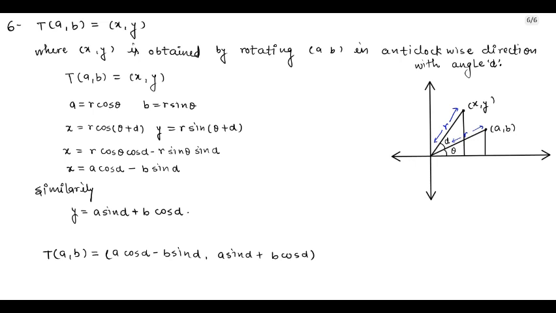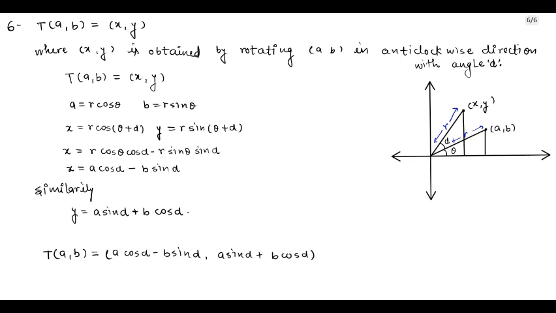This is the transformation where we rotate a point in the anti-clockwise direction with angle alpha. Clear? Then you find the matrix of this transformation.